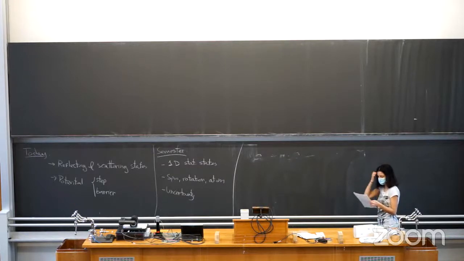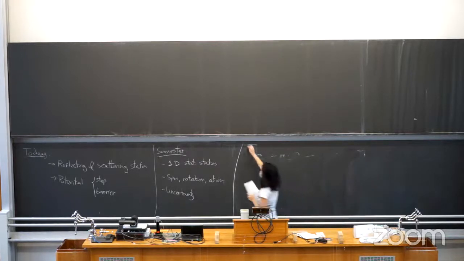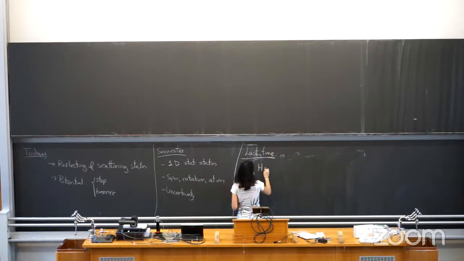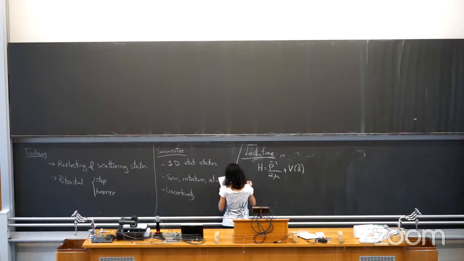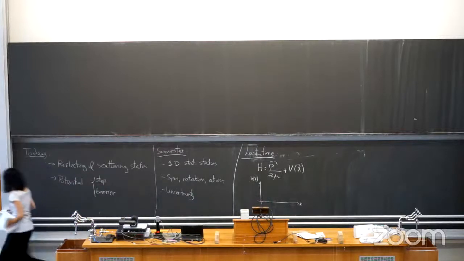So let's just recap where we were. We have Hamiltonians of this form, p squared over 2m plus V of x, and we look at stationary states for bounded interaction zones, which means that we think of a small x like this.